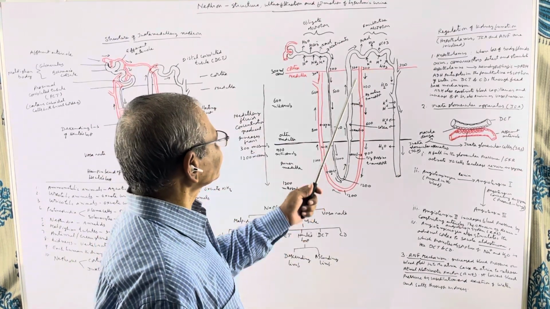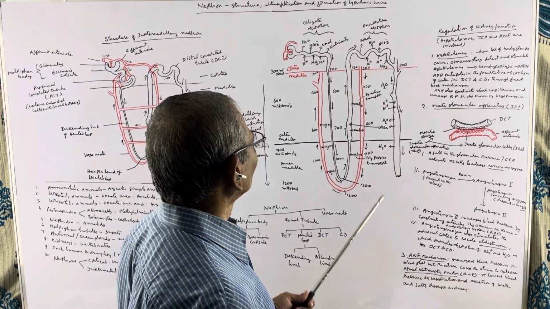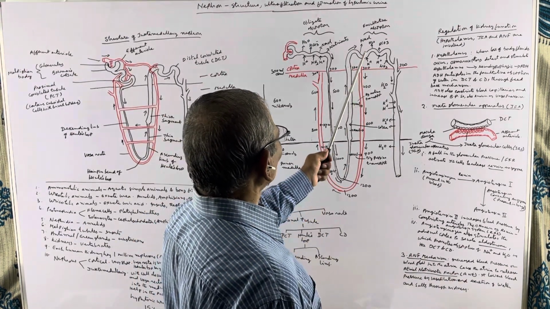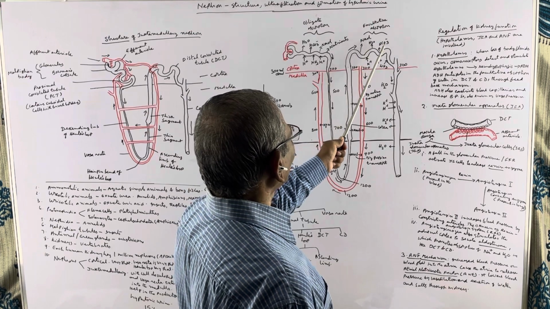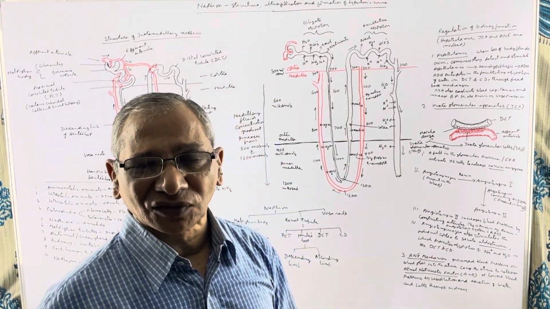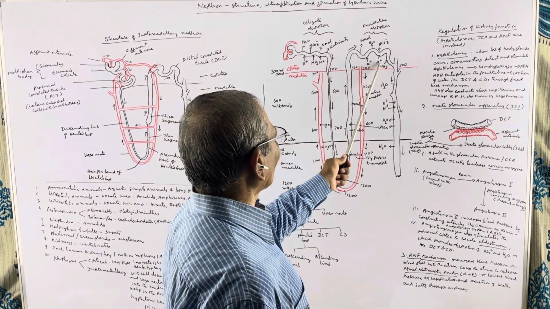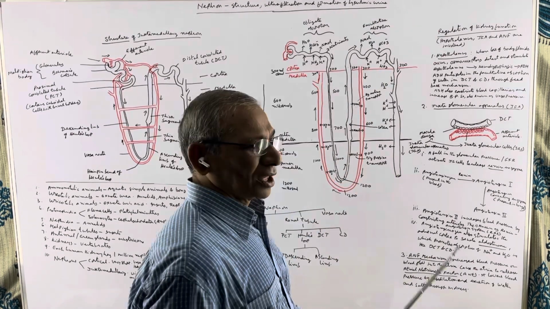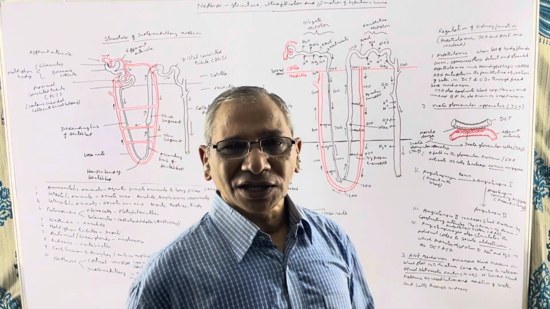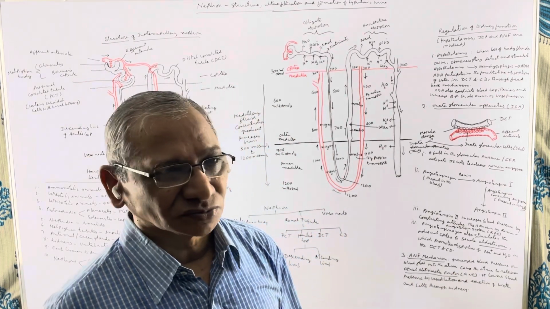Then, in the distal convoluted tubule, based upon the need, sodium chloride, water, and bicarbonate are absorbed from the glomerular filtrate. Then, potassium ions, hydrogen ions, and ammonia are released into the glomerular filtrate through tubular secretion.